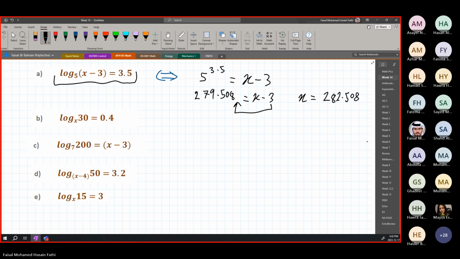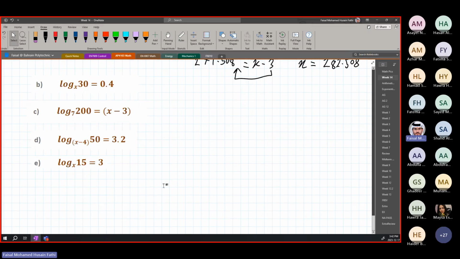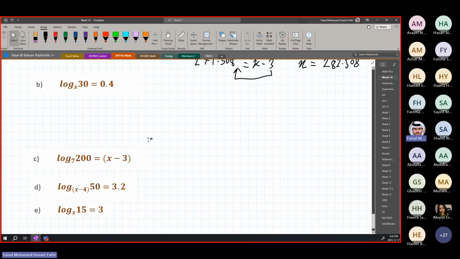That's it. Okay? For example here, I believe you can use calc to solve this. Most of these you can use calc to solve, but it's better to understand it because later on you'll see questions where you have variables and you don't have actual numbers. And we will see more of those.